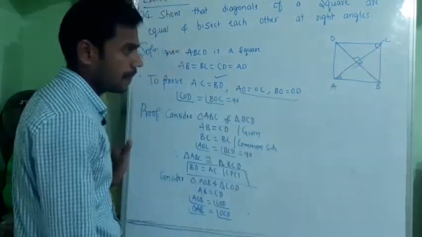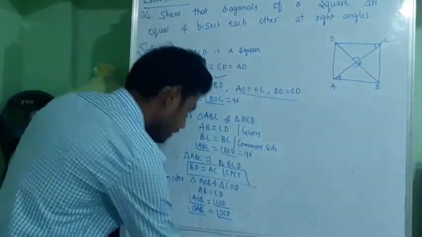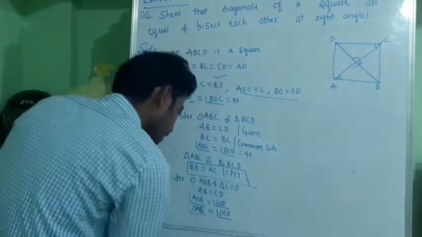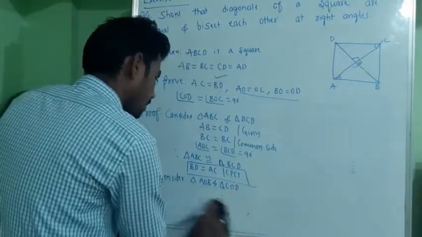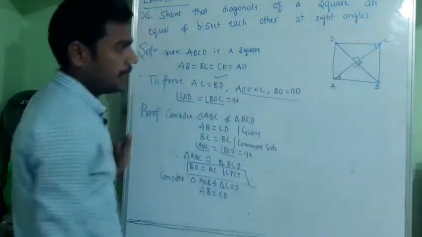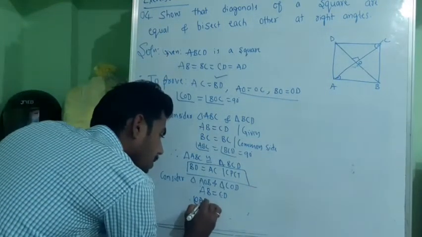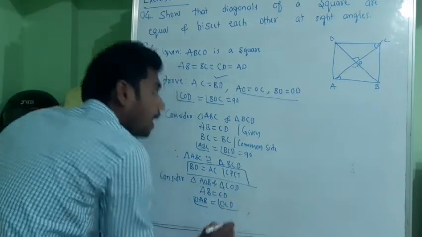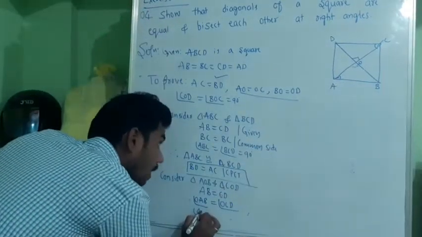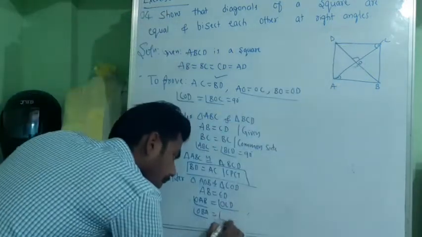Now see. We know that AB is equal to CD, and angle OAB is equal to angle OCD, and even angle OBA is equal to angle ODC. Tell me what is the reason?